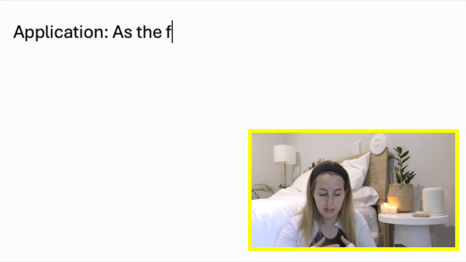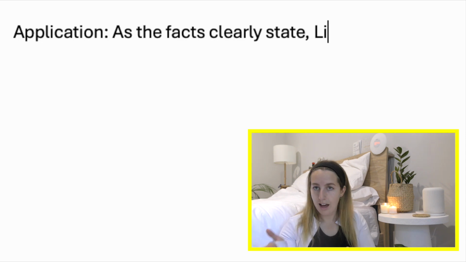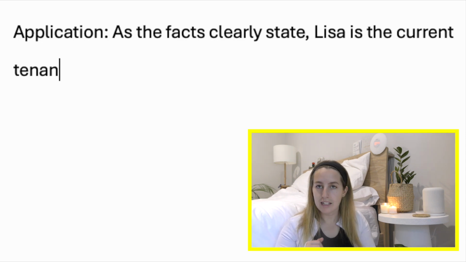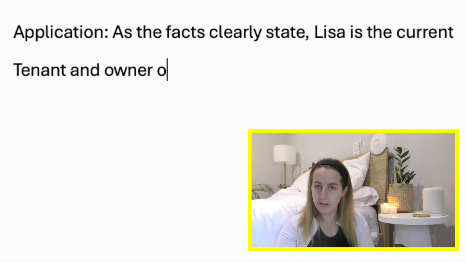As the facts clearly state, Lisa is the tenant and she owns the land. So clearly there is ownership of the land and she lives there. So the application, I would say, as the facts clearly state, Lisa is the current tenant of the house and owns the land.